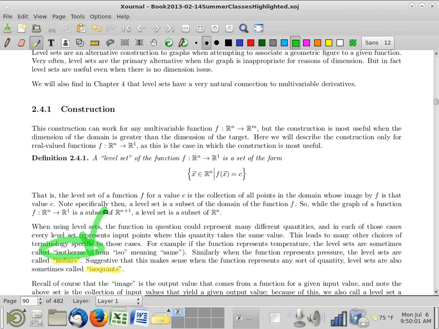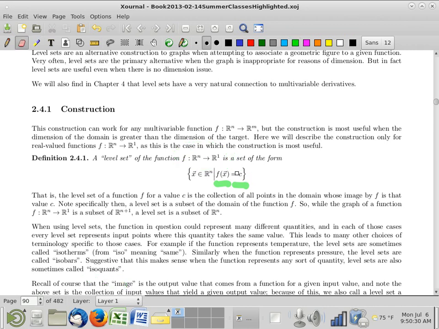So be on the lookout for this kind of thing. Likewise, they talk about isobars when they're drawing pictures of barometric pressure. In general, if your function is representing some sort of a quantity, and this comes up in economics, isoquants, because you are literally looking for values where the quantity represented by the function is the same.